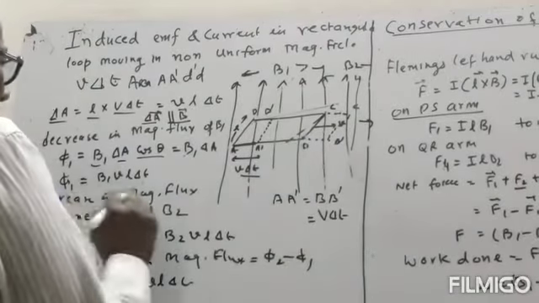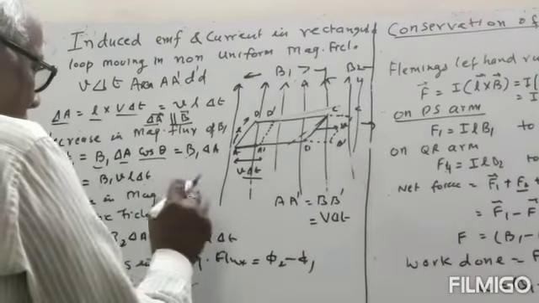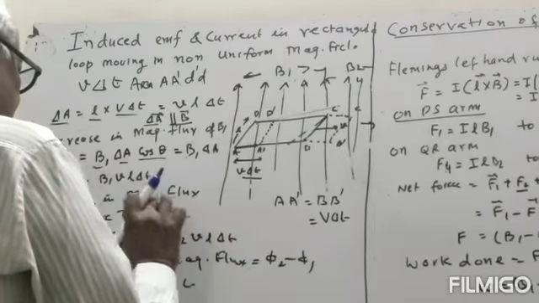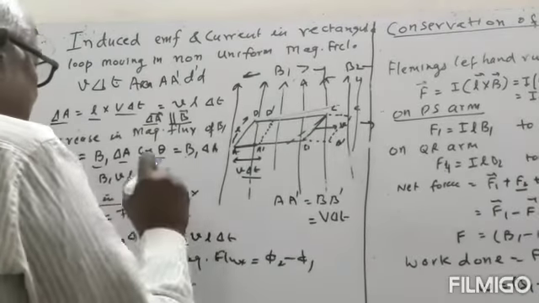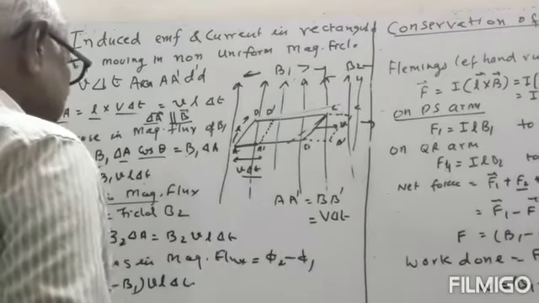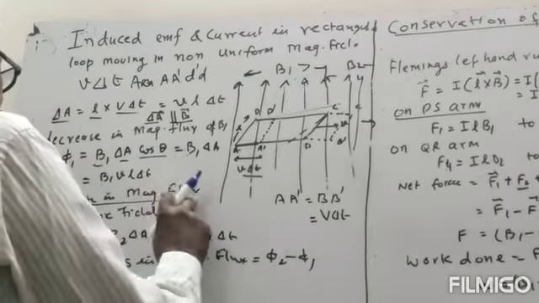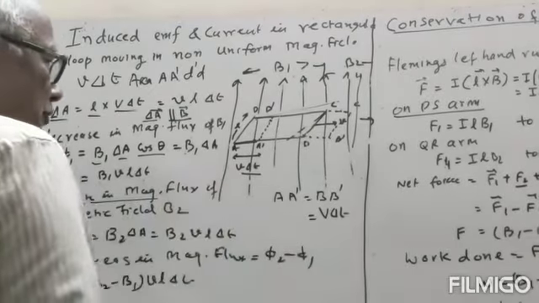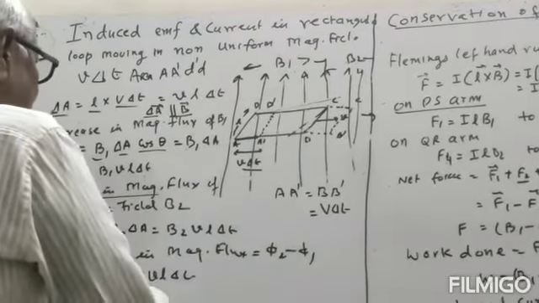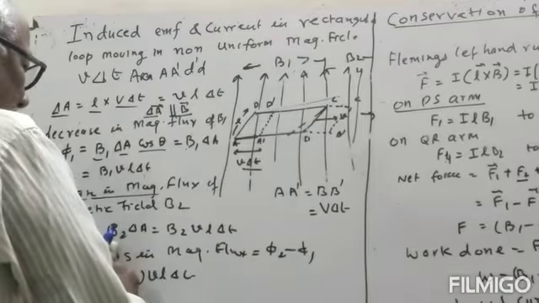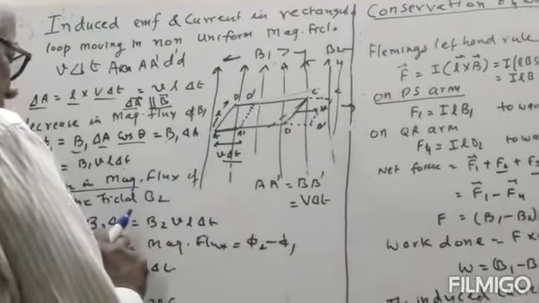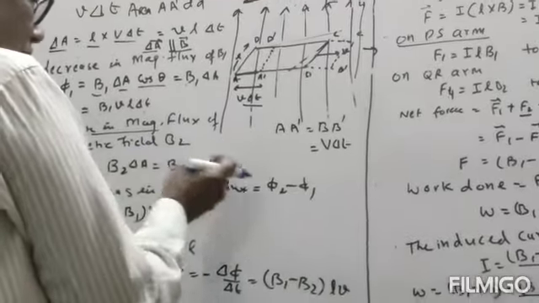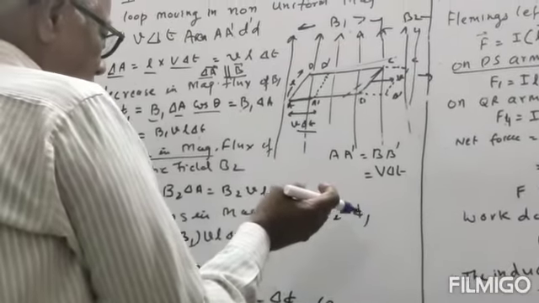The increase in flux for B2 will be phi 2 equal to B2 multiplied by delta A. Here also theta is 0, so B dot delta A, cos 0 is equal to 1.